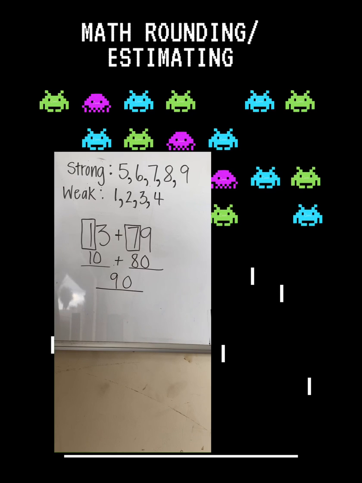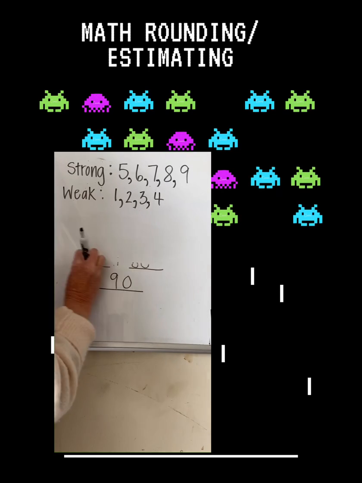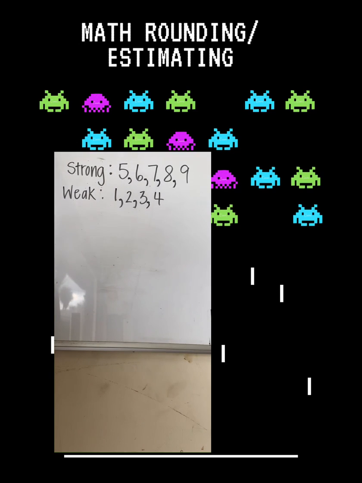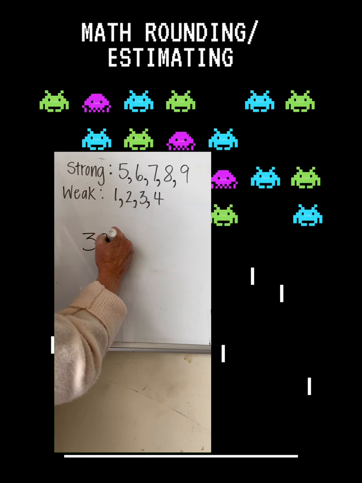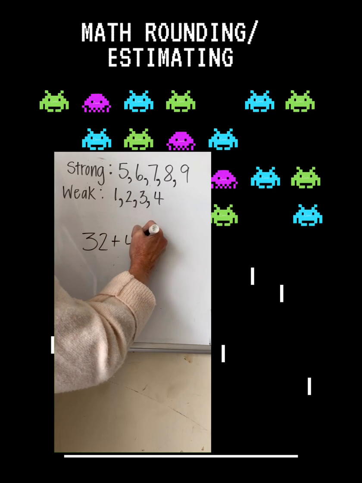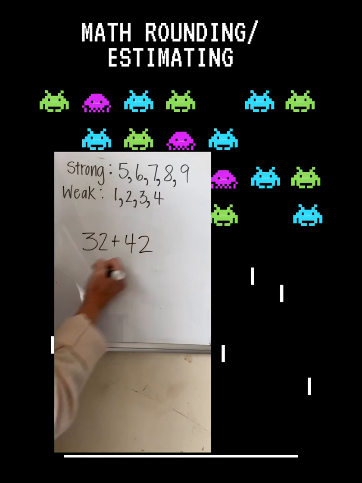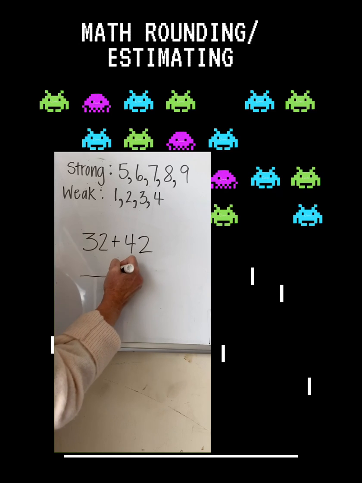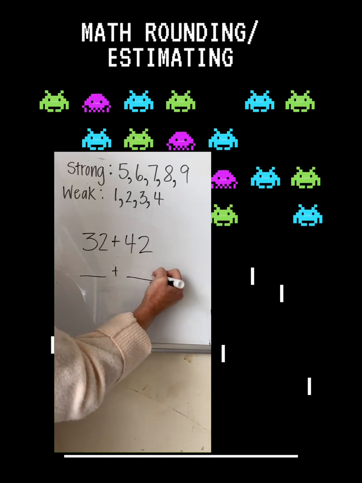Let's try one more, and then I'll let you complete the last one by yourself. The next one is 32 plus 42. We're going to need to round these numbers again.